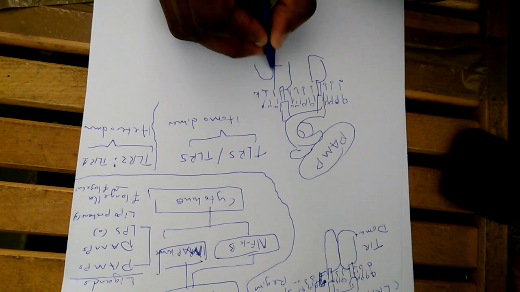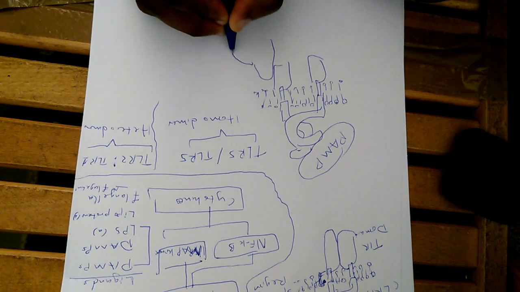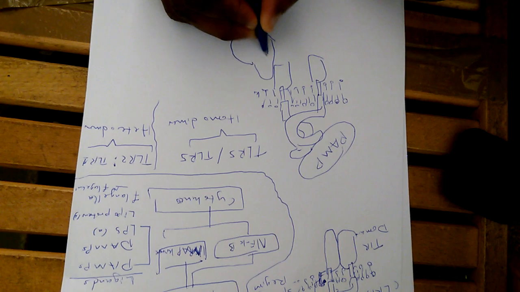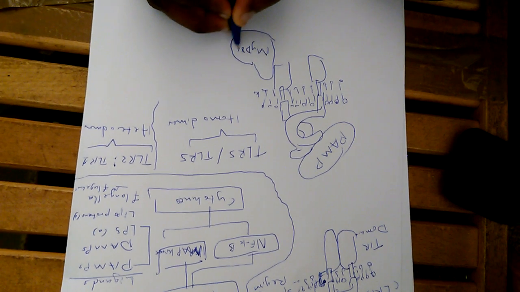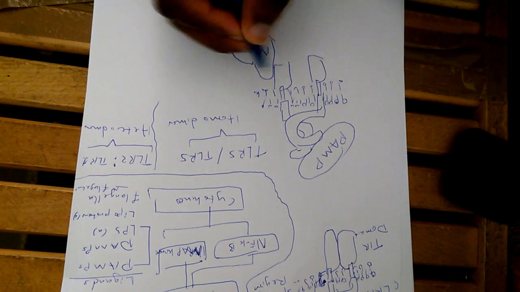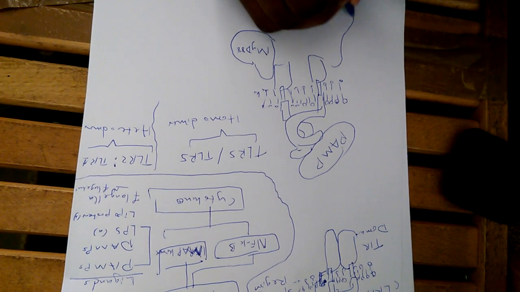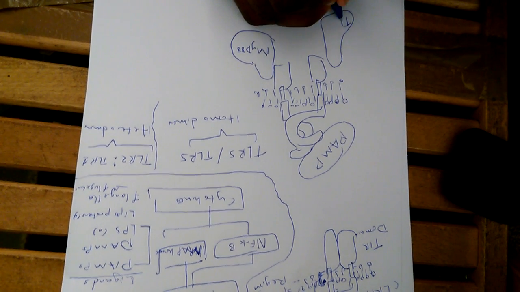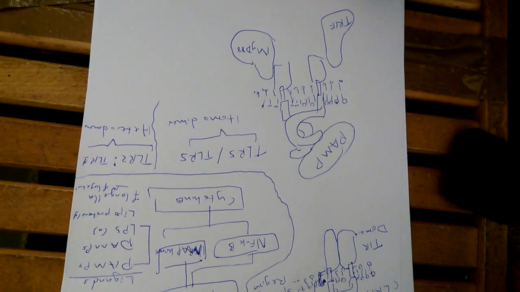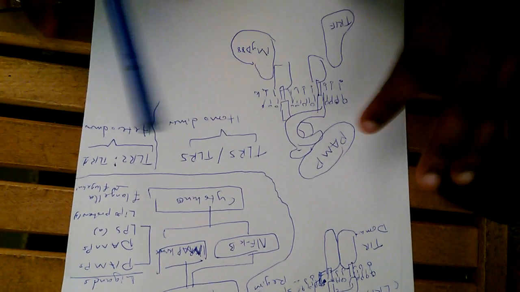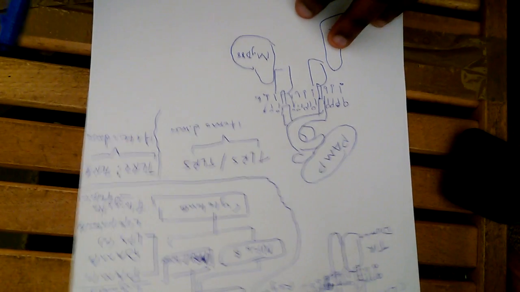It recruits something called adapter proteins, either MYD88 or TRIF, right? So MYD88 or TRIF, and thus leads to different cascades. We'll be looking at this in more detail.